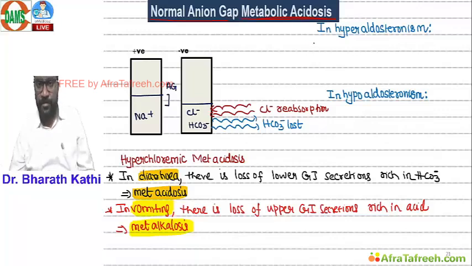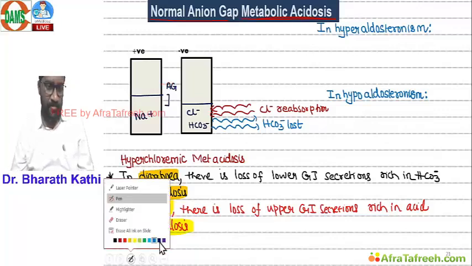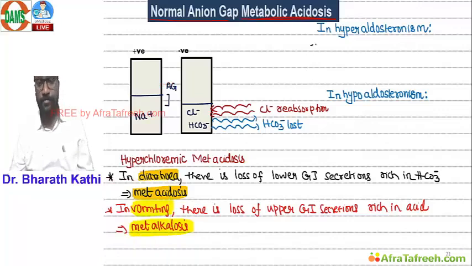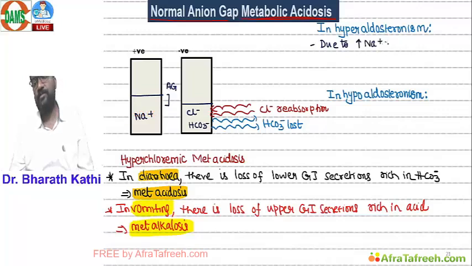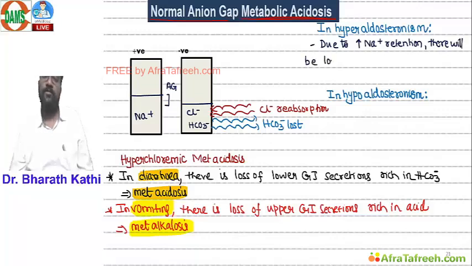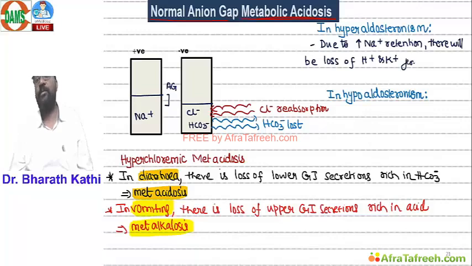So write down, in hyperaldosteronism, due to increased sodium retention, there will be loss of H plus and K plus from the body, because H plus and K plus are lost.